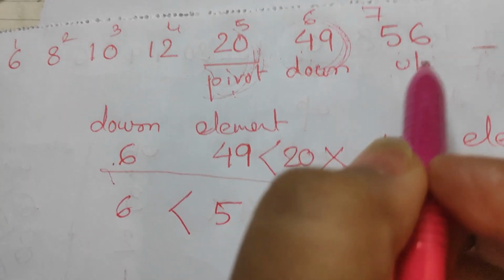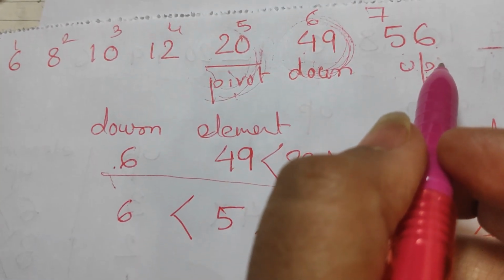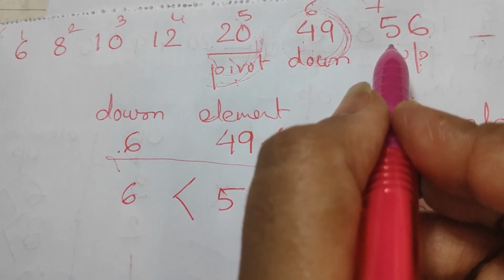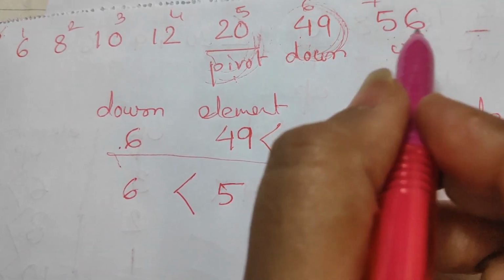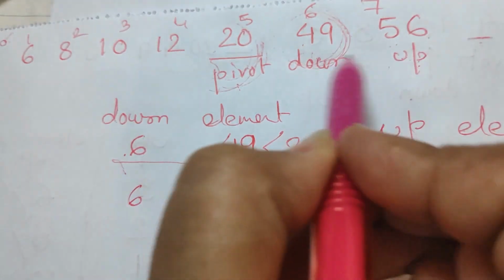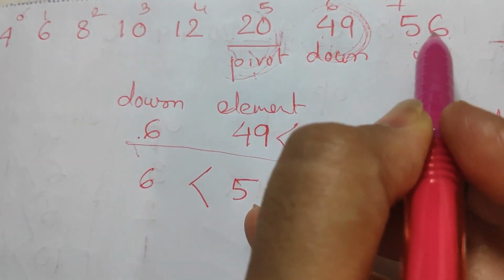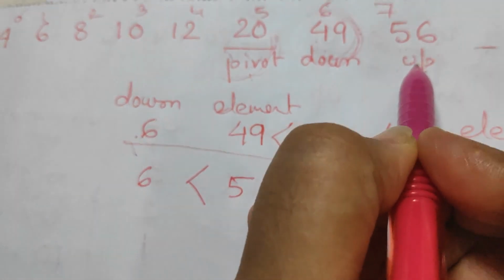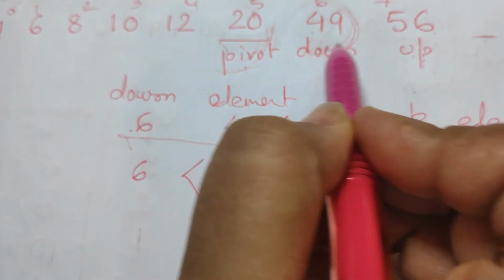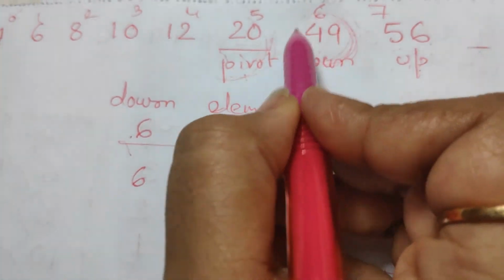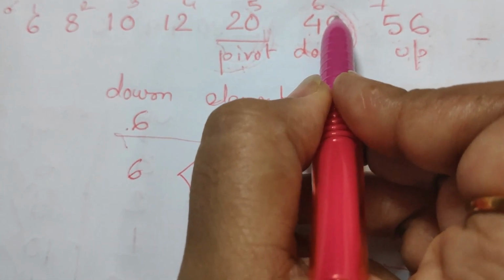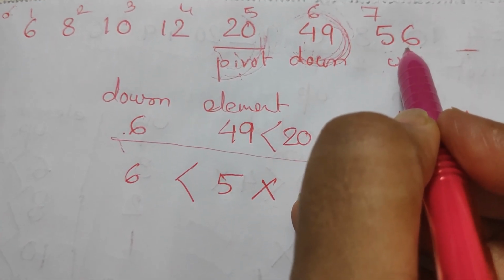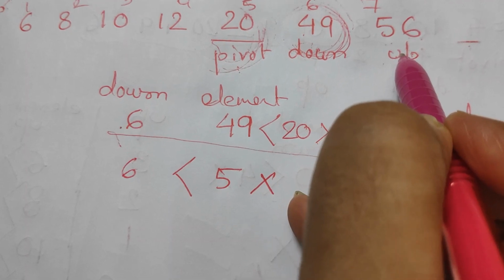So there will be no movement of down element, because 56 is greater than 49, so the down element cannot move anywhere, and up element, since 56 is greater than 49, up index will come and point at 49 and it will be swapped with itself, right? And then we will be left with the single number 56, which will be sorted by itself.